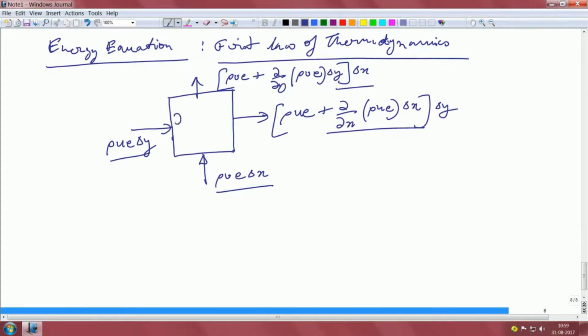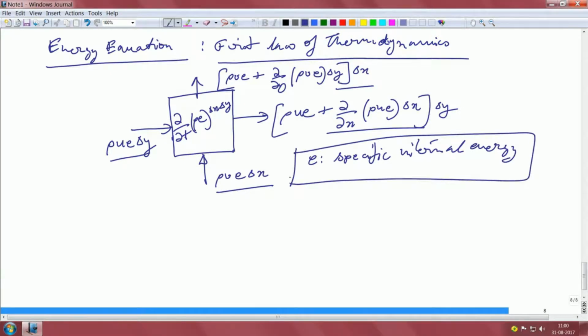Similarly, there will be a change of internal energy within the control volume, which is rho e into delta x into delta y. That is the rate of change of internal energy within the control volume because of all these flux terms. It is the same concept: energy in minus energy out is equal to the rate of change of energy within the control volume. e is the specific internal energy, which you are familiar with from thermodynamics.